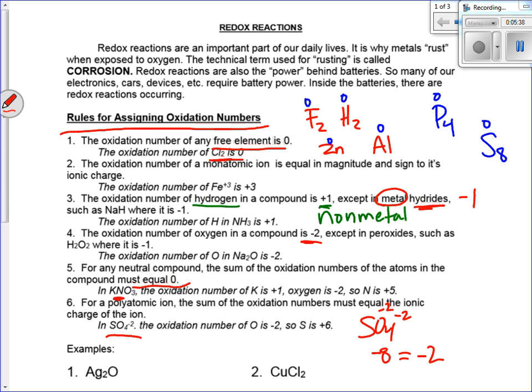The whole sum should equal -2. So what is sulfur's charge going to be then? Something plus -8 gives you -2. So in that case, sulfur is a +6. Okay? So that's how you would kind of work that one out there.